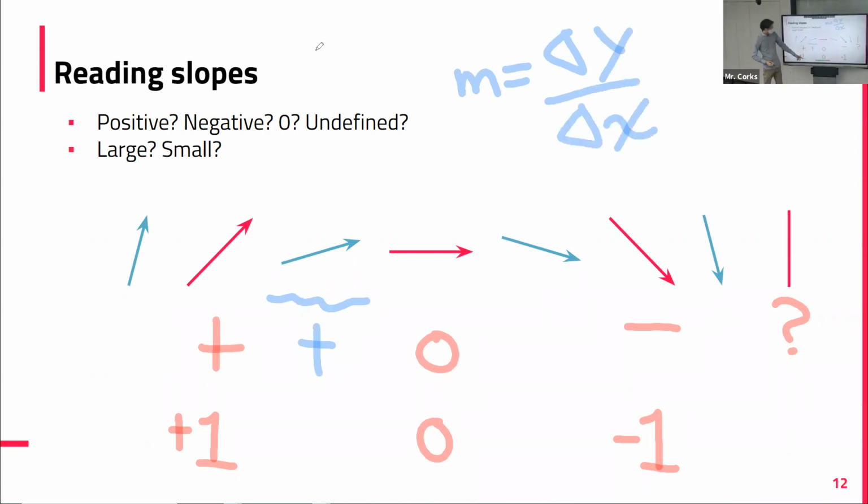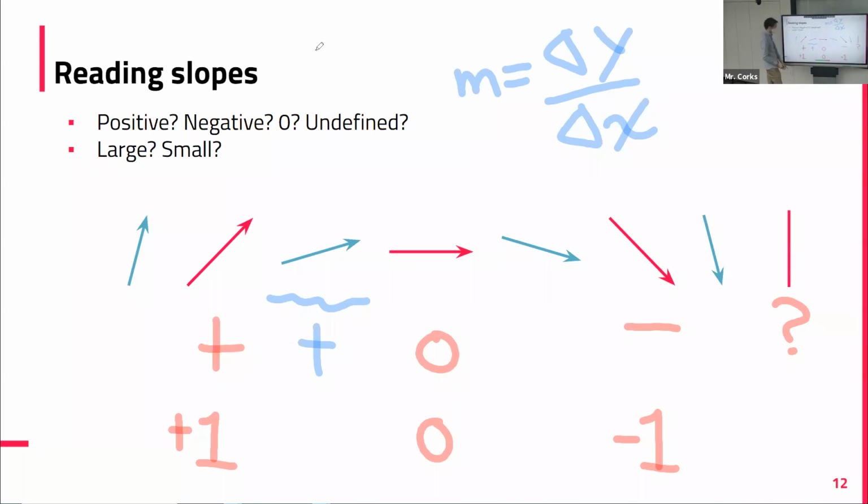The change in x is always positive, the way that we think about these, moving to the right. So it's just about the change in y. If it's going up, change in y is positive. So that will be positive. What kind of positive number do you think we're dealing with here? Very large number, very small number?